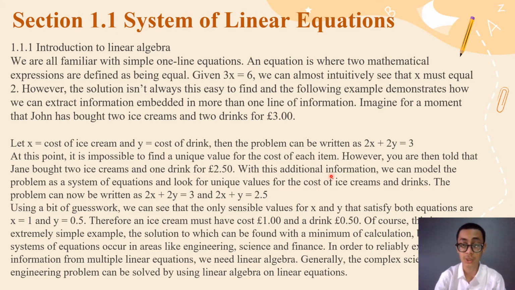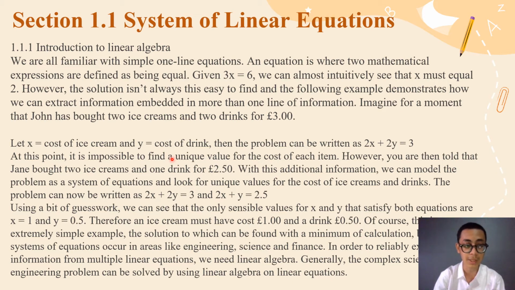However, you are then told that Jen bought 2 ice creams and 1 drink for €2.50. With this additional information, we can model the problem as a system of equations and look for a unique value for the cost of ice cream and drink.